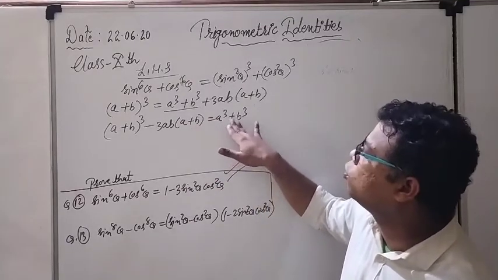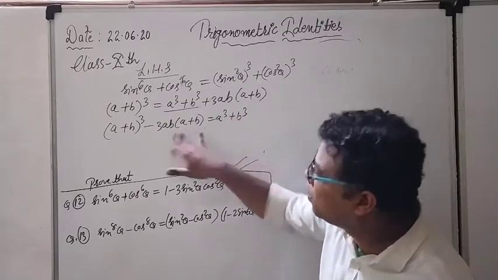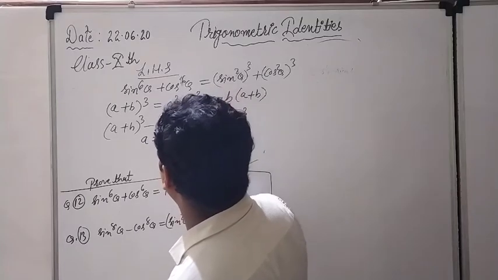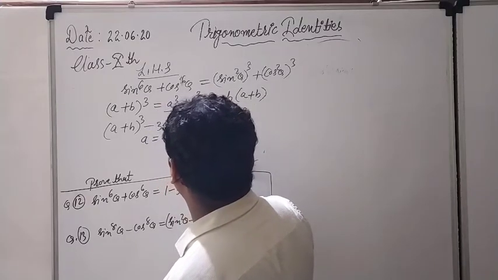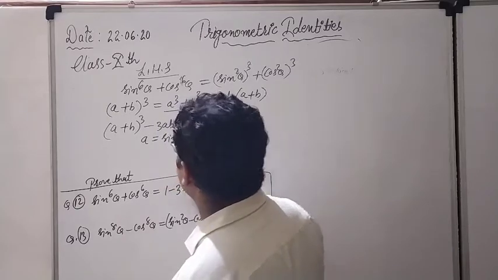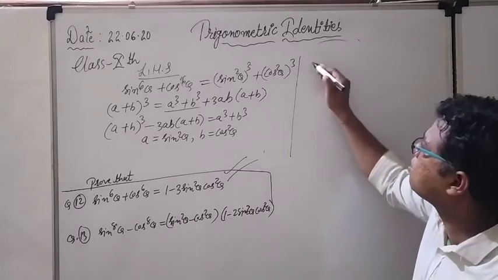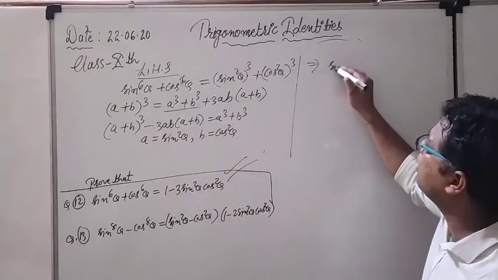Now I will put the values of A and B. You can understand the value of A here is sin square theta, and the value of B here is cos square theta. No need to explain further. Now see here: A plus B whole cube, what is A?